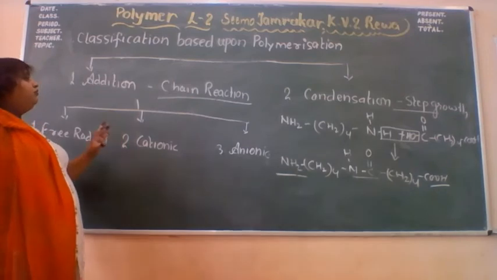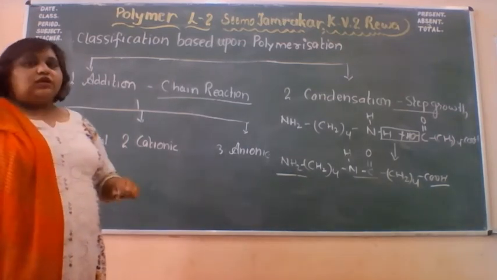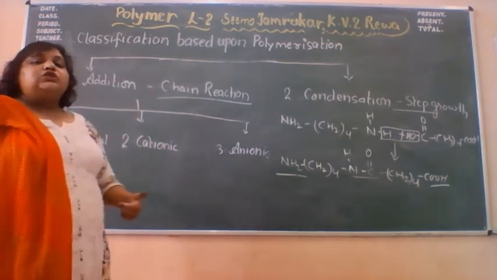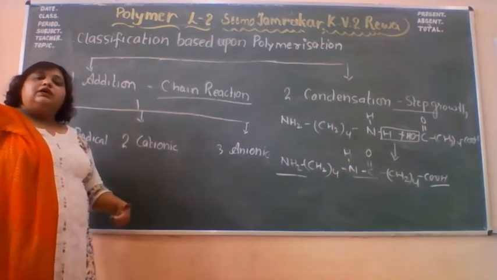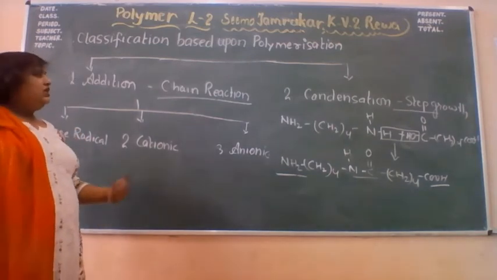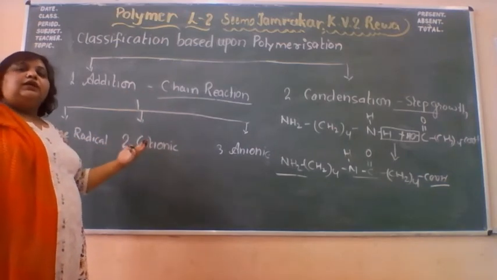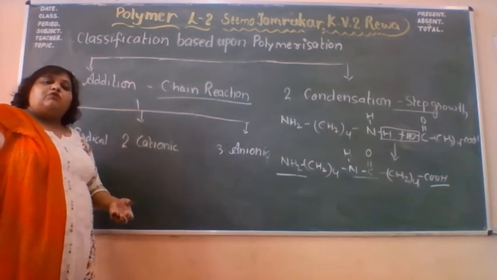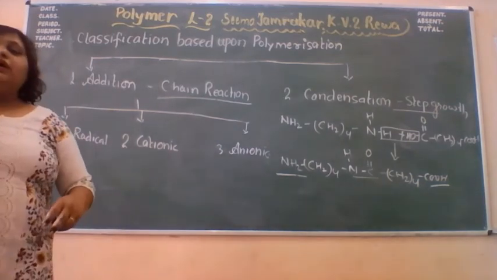So here 5 different types of classifications you have studied. First type of classification, source: natural, semi-synthetic and synthetic. Mode of the reaction, right. Then that was addition and condensation, almost similar to this one, right. The third was on the basis of structure of the molecule, and in that linear, cross-linked and branched.